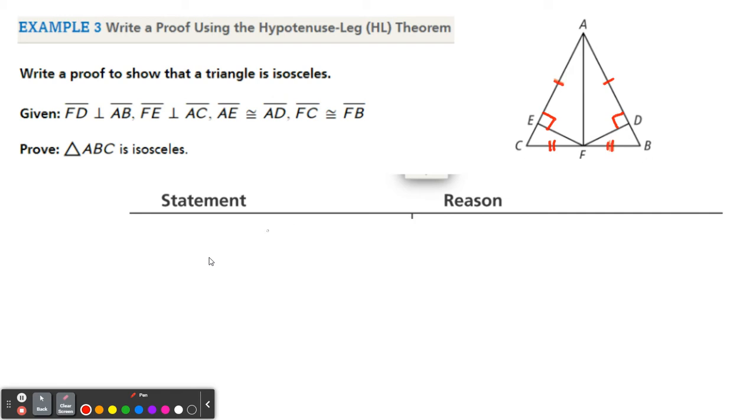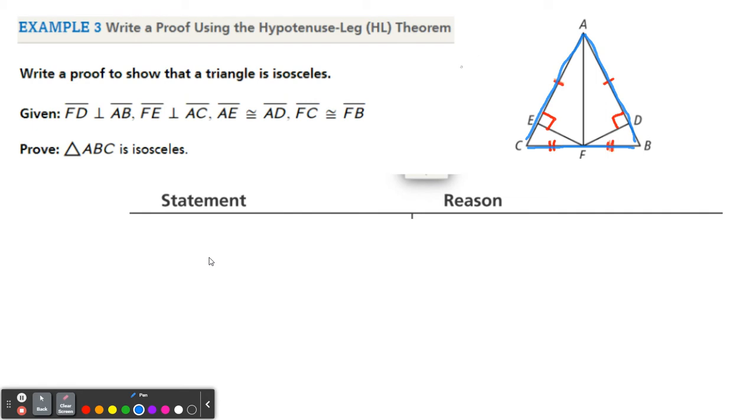So we need to prove that triangle ABC is isosceles. ABC is the big triangle. So I believe our goal here is going to be to prove that AC and AB are congruent.